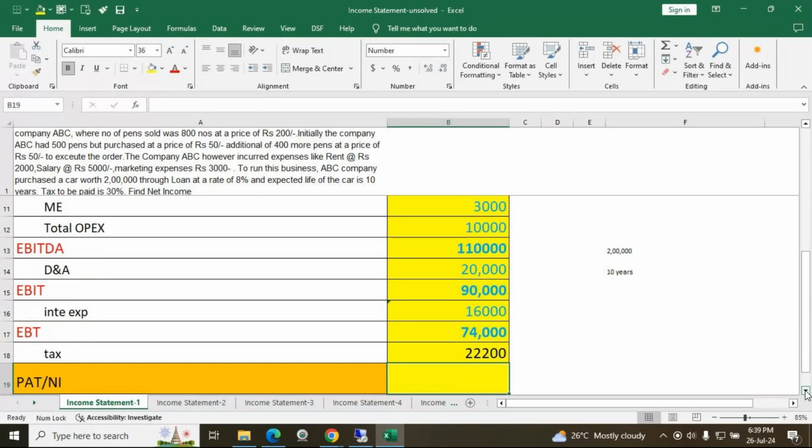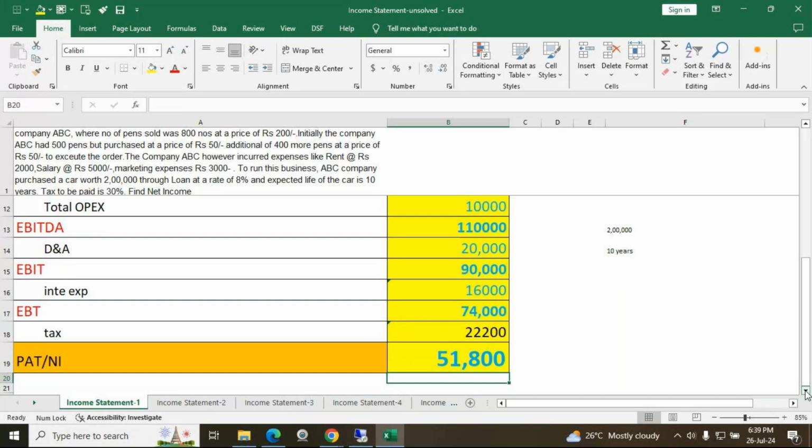Very good. So profit after tax will be 74,000 minus 22,200, so this is the answer you need to get: 51,800. Very good to the one who was answering. Now try solving this income statement too.